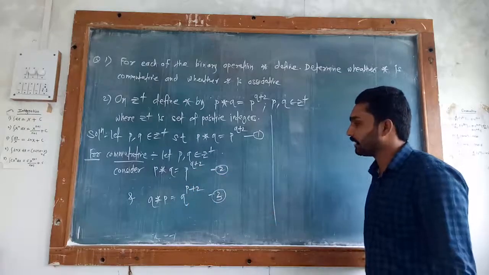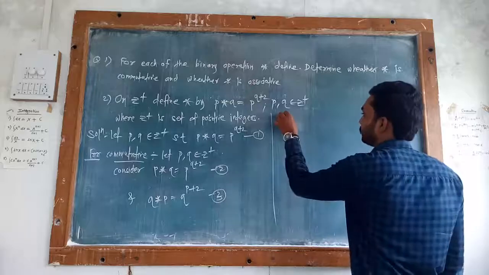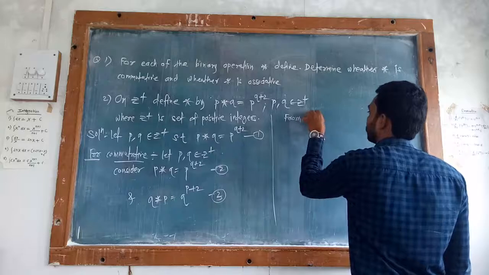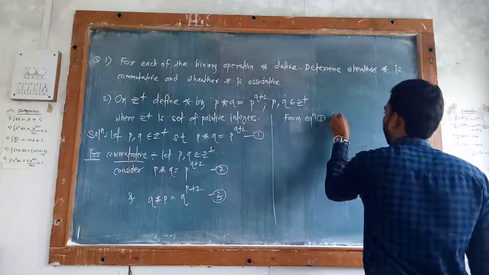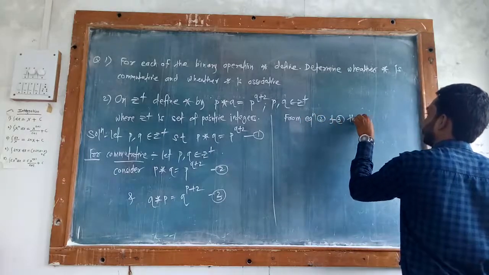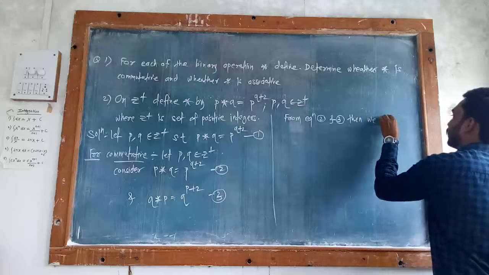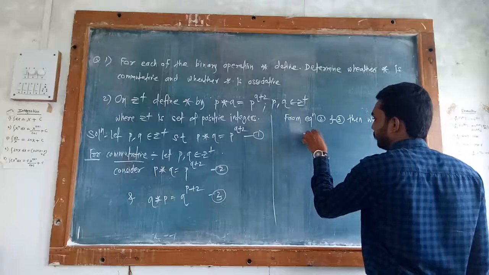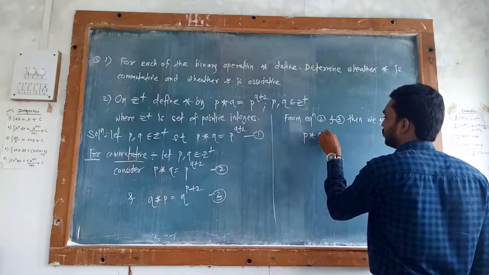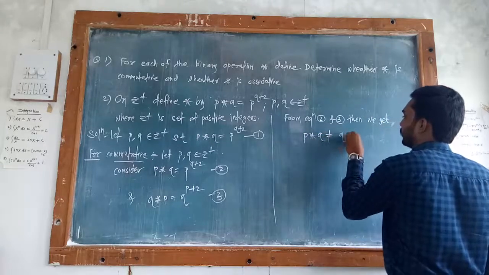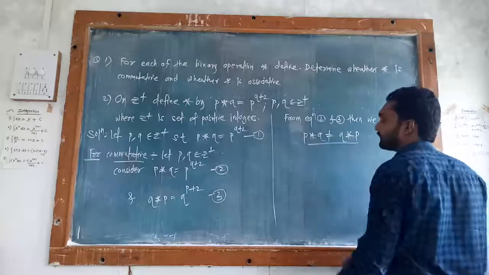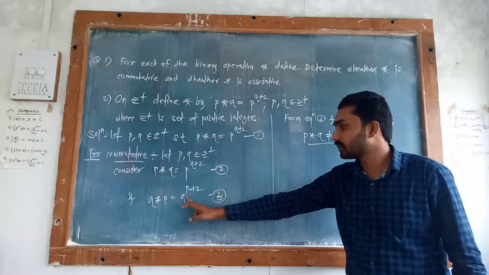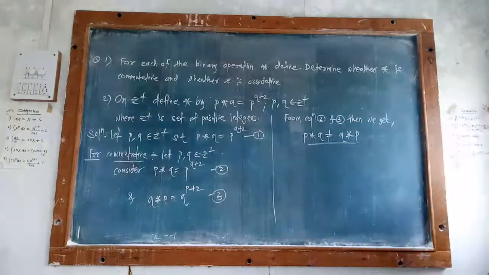No. So from equation 2 and 3, we get P star Q is not equal to Q star P, because P raised to Q plus 2 is not equal to Q raised to P plus 2.